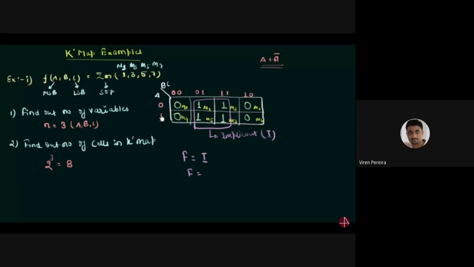As you can see, A is changing from 0 to 1, so we will neglect A. B is also changing from 0 to 1, so we will neglect B also, but C is 1 throughout this group of ones, so we will write C. So this is your answer, f is equal to C. You can see that solving a K-map is very simple as compared to minimization using Boolean algebra.